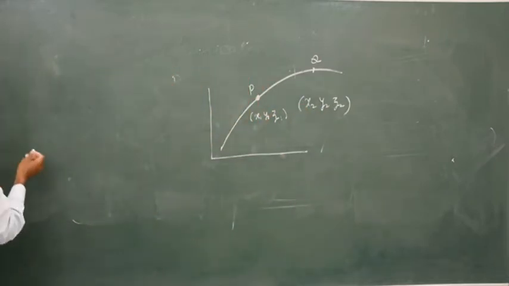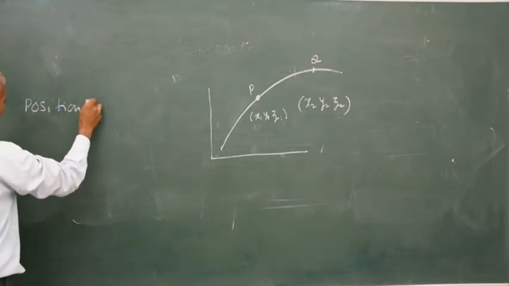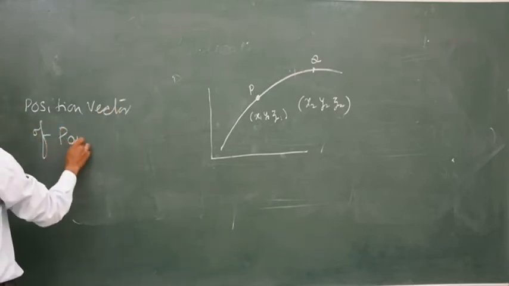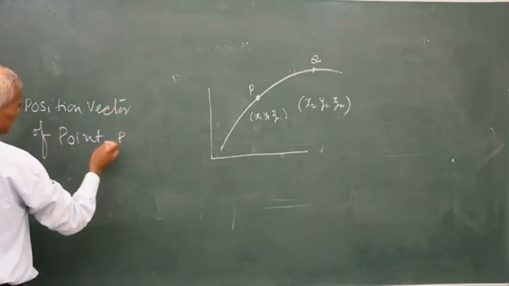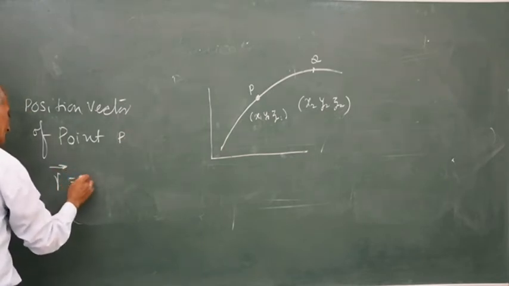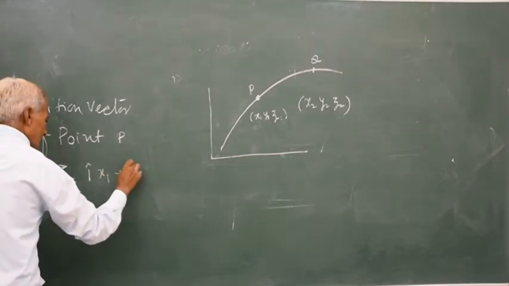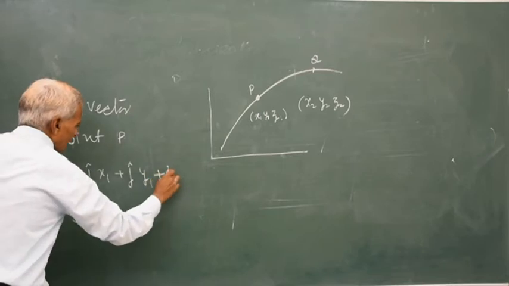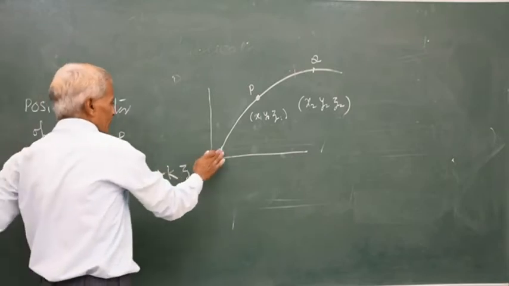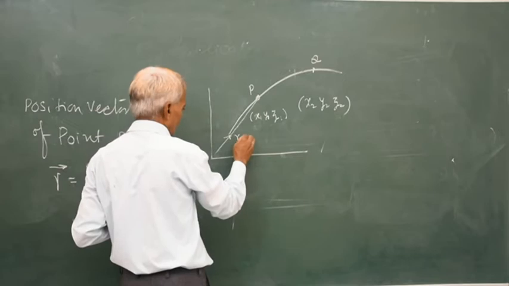Position vector of point P is denoted by R, that is i x1 plus j y1 plus k z1. You can represent it by saying this is R1.